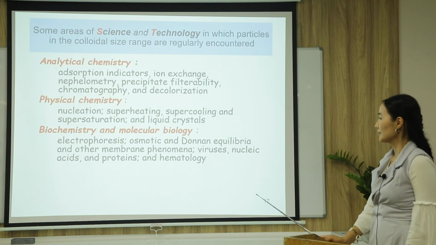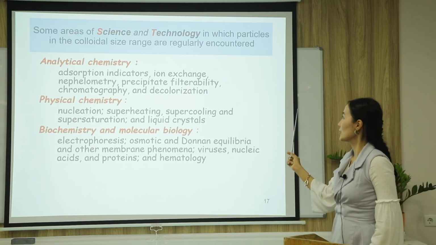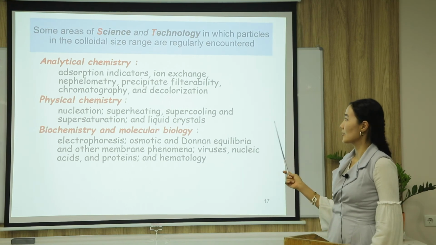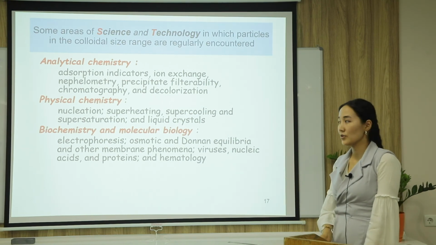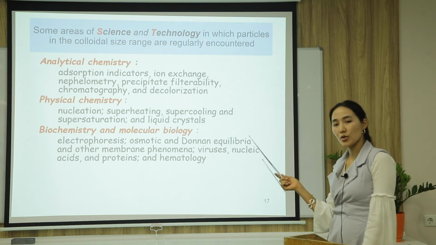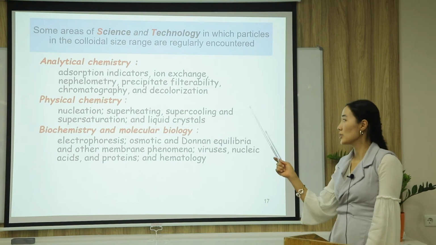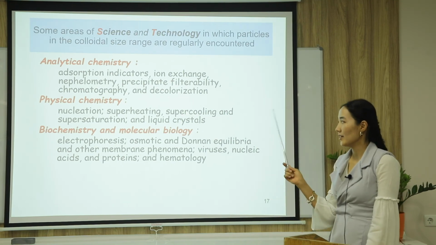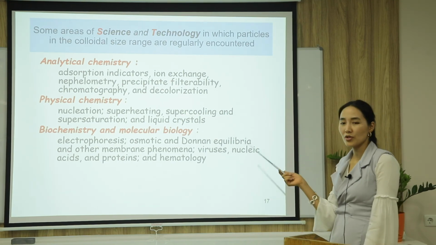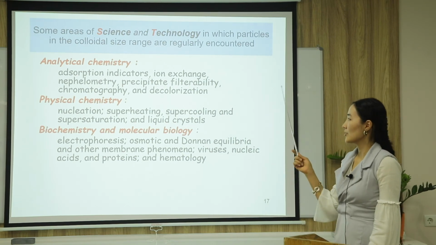Next. Some areas of science and technology in which particles of colloidal size range are regularly encountered. We have different types of chemistry, as you know. In analytical chemistry we use adsorption indicators, ion exchange, chromatography, gas chromatography or liquid chromatography, and decolorization.